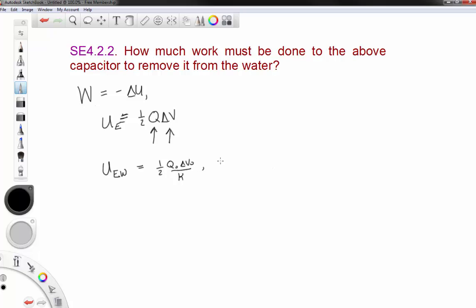And U for E in air is going to be 1/2 of Q naught times delta V naught. So the work done in this case has to be the change in these two energies. You can see that since kappa is 80 in this case, the amount of work done here is you're doing work to remove this thing from water.